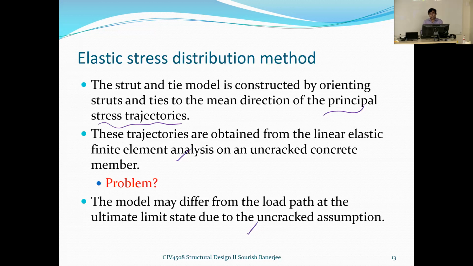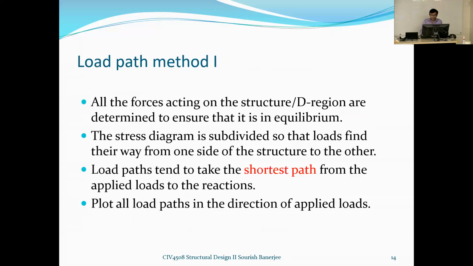Though it involves a lot of work and sometimes people don't do that, it's good to know that such things are possible. If really required, one can go for a model for the serviceability purpose and another one for the strength purpose, that is the ultimate limit state. So that's your elastic stress distribution method.